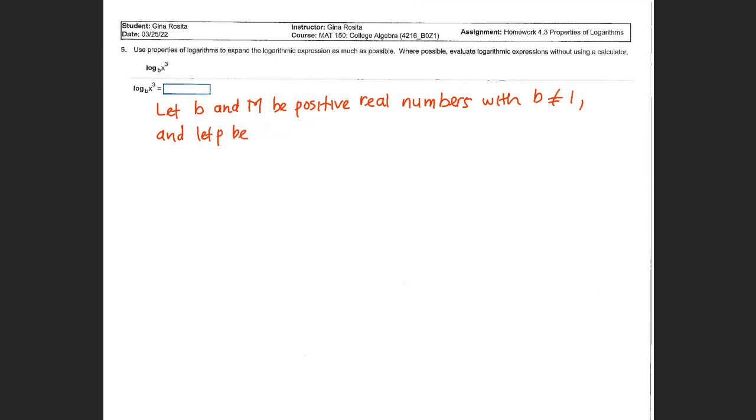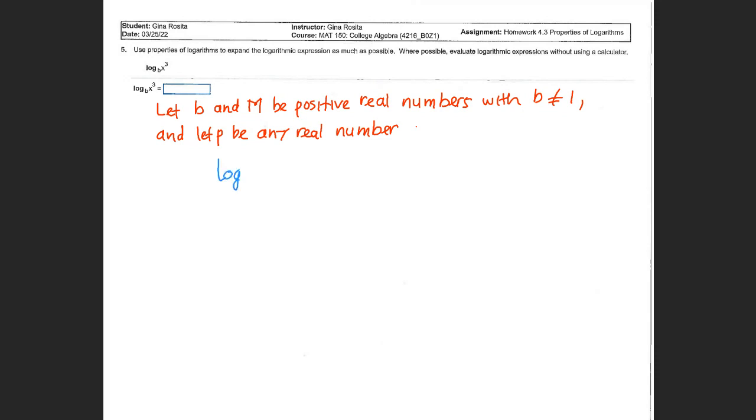Let b and m be positive real numbers, with b not equal to 1, and let p be any real number.